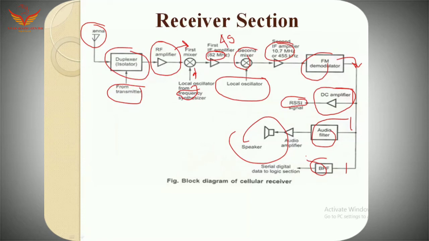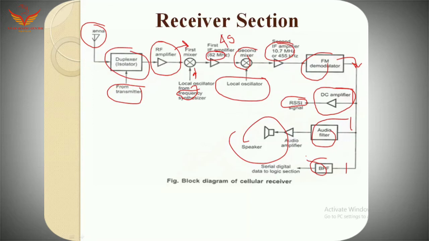So this is all about the cellular receiver. There are the duplexer, RF amplifier, first mixer, first intermediate frequency amplifier, second mixer, second intermediate frequency amplifier, FM demodulator, and these three output stages of the receiver section.